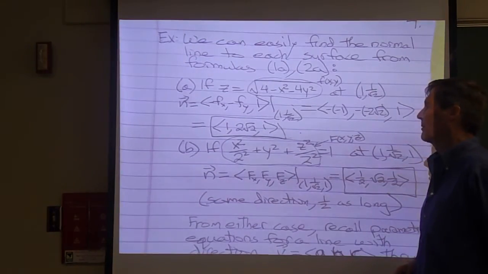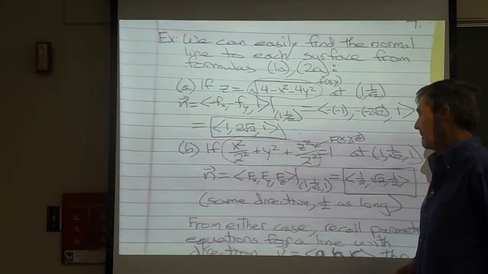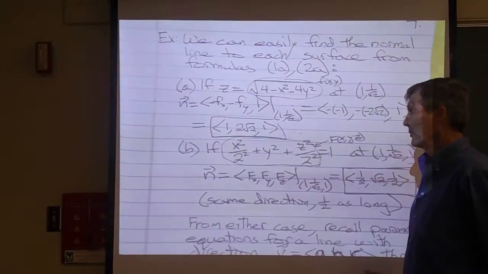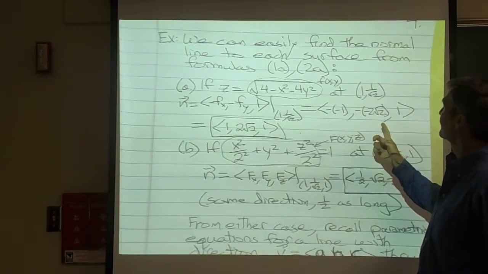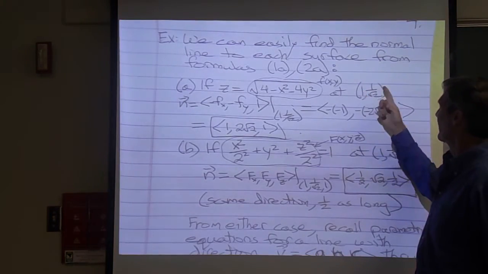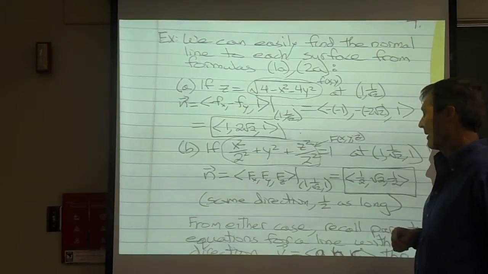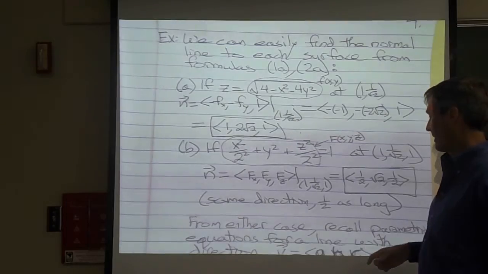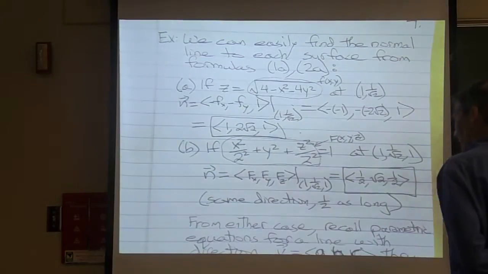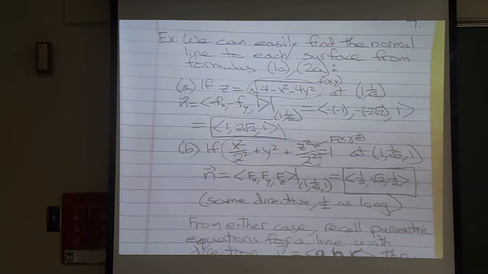How do I find the equation of the line normal to the surface through the point 1 over square root of 2, 1? I just use either normal vector, and I use the point through which it goes, and I write down the equation for the normal line, and you just have to remember what that was.